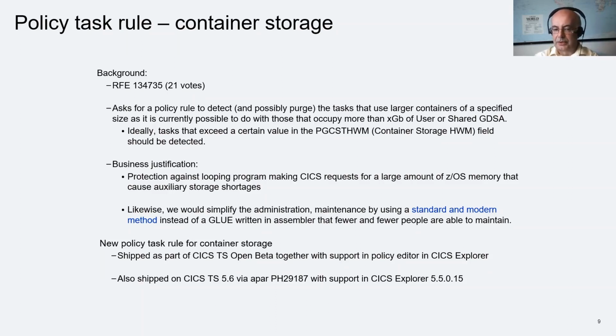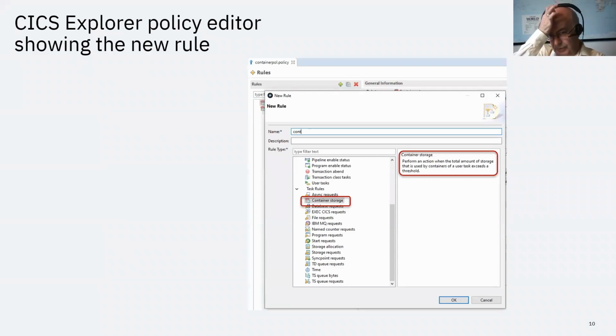So this one is shipped in the open beta, and we've again backported it, but this time just one release. So you can see the APAR and the Explorer level that you need for the policy editor. And again, if I just show you some screenshots, when you go in and select that you want to create a new rule, it gives you a list of system rules and task rules, and you can see there's one for container storage.